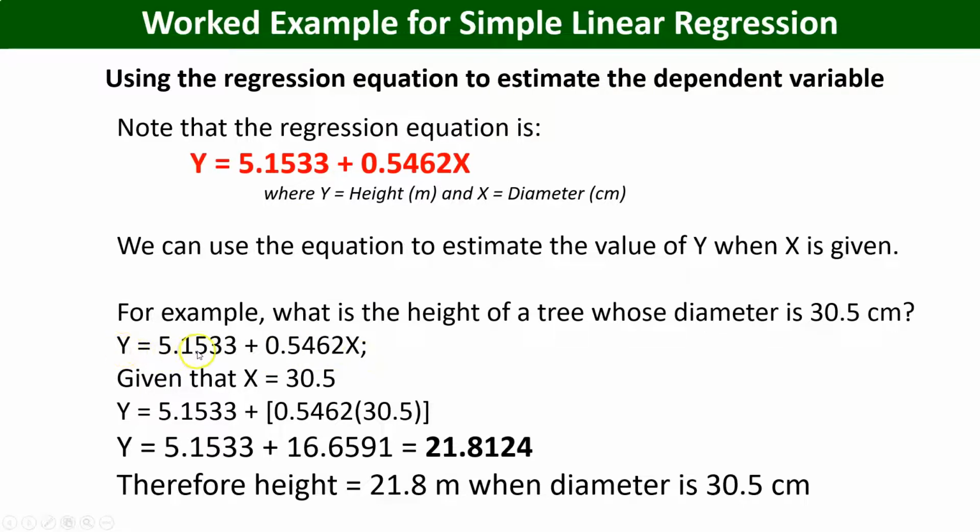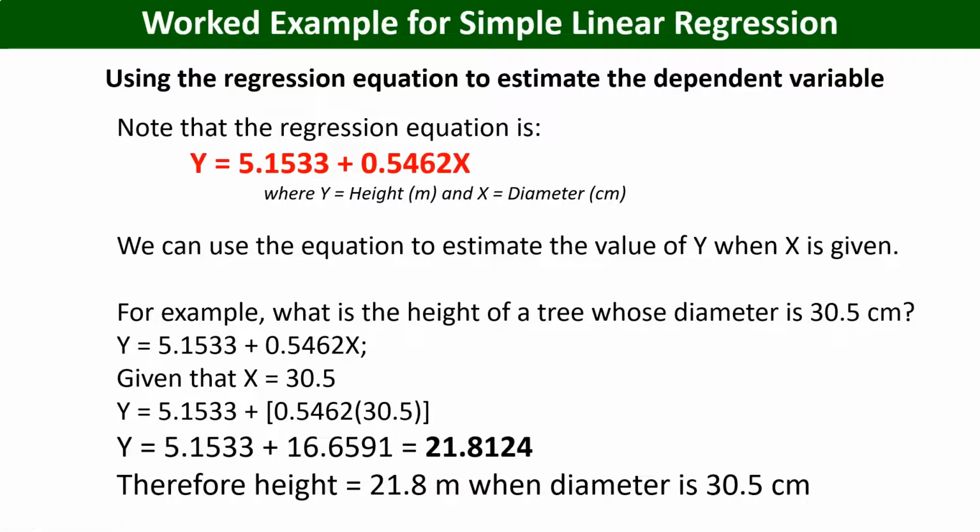y equals 5.1533 plus 0.5462x. That's the formula. So given that x is 30.5, you just put 30.5 there, and you evaluate that. It will give you 21.8124. So the height, when the diameter is 30.5 cm, is 21.8 meters. So that's our final answer.